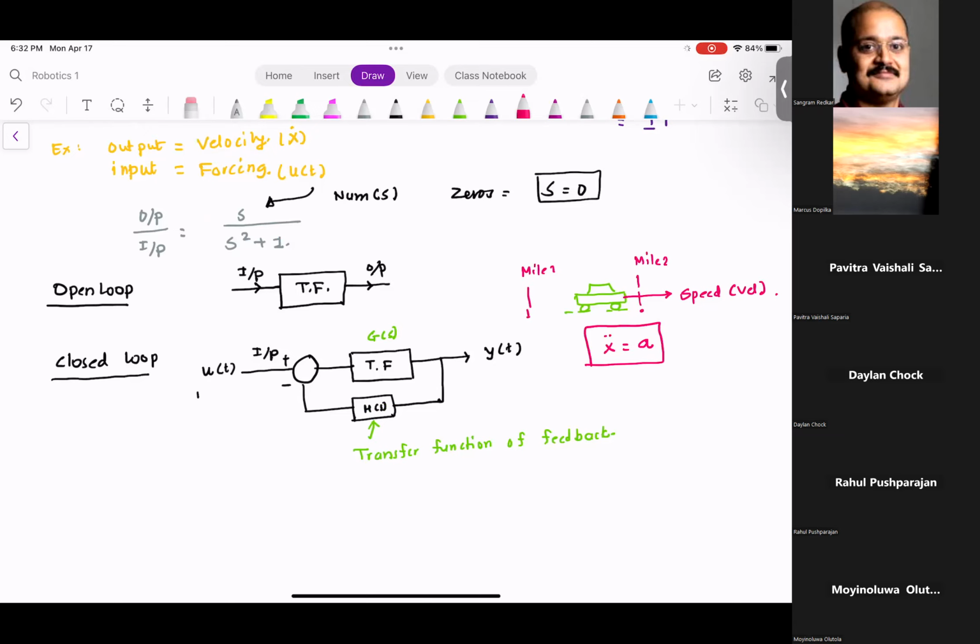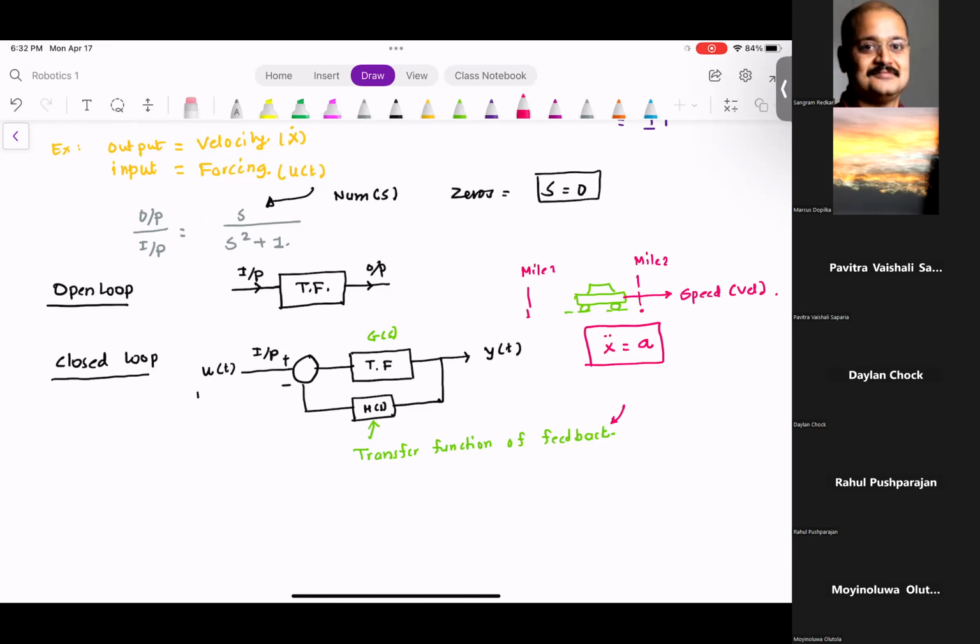Since our feedback is in the form of velocity feedback, we will have some H of s indicating the velocity feedback.